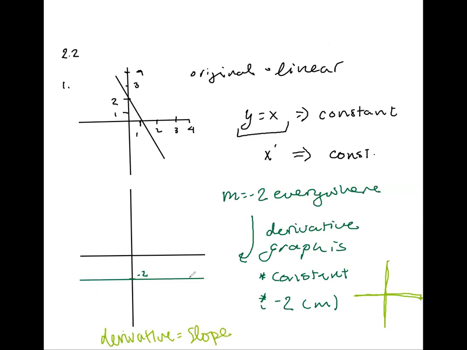What's the slope of this line? Zero. Yep. So if I were to graph the derivative of this, it would just be flat along 0, because my slope is 0.